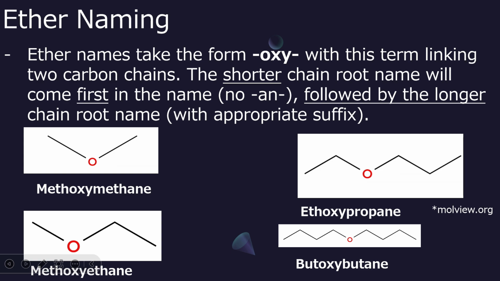The longer one appears second and becomes the alkane suffix. Then on the top right, ethoxypropane, shorter one is 2 carbons, so eth, then oxy, then the longer one, propane, 3 carbons on the right. And then finally, two of the same again, but butane groups, so butoxybutane.